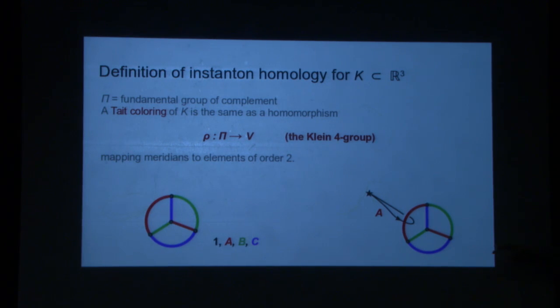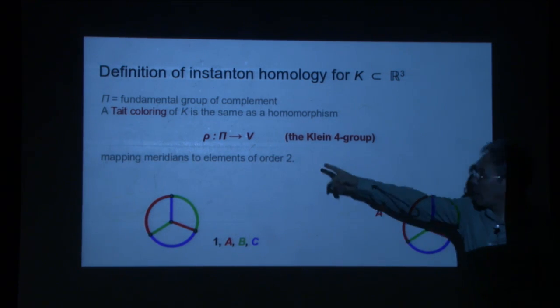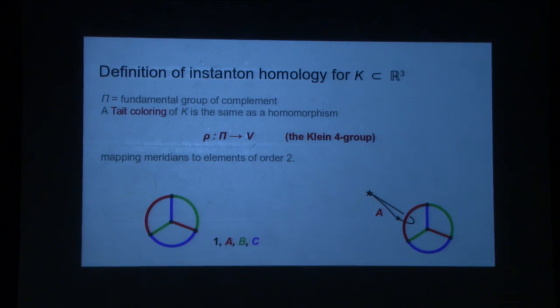So in this example, I have to pick an element of the Klein-4 group for each of the meridional loops. That's the same as picking a color. In this fundamental group, meridional loops correspond to the 3 edges incident on a given vertex.